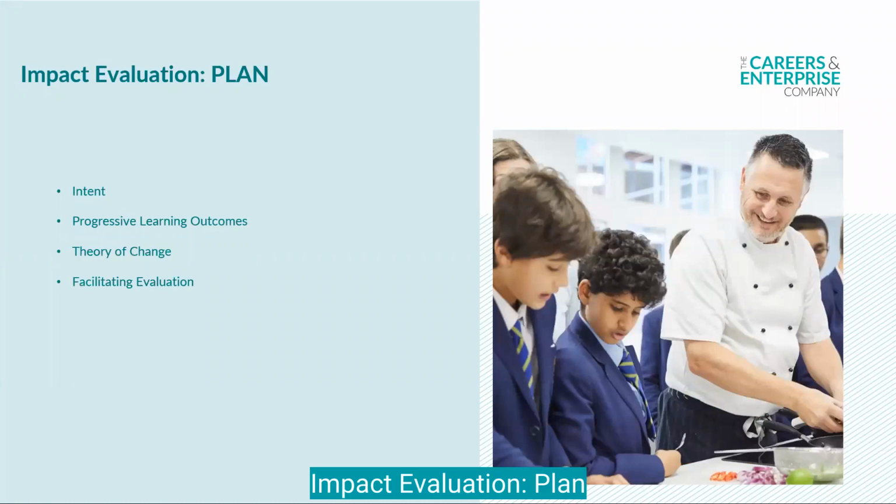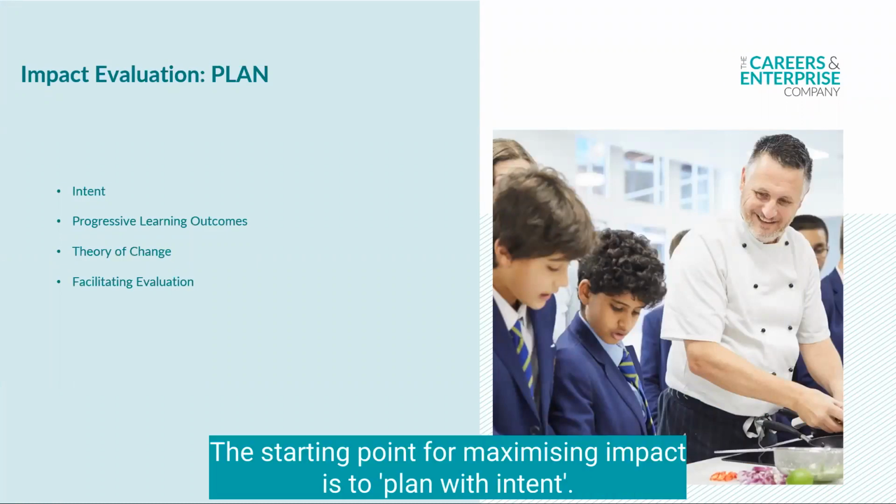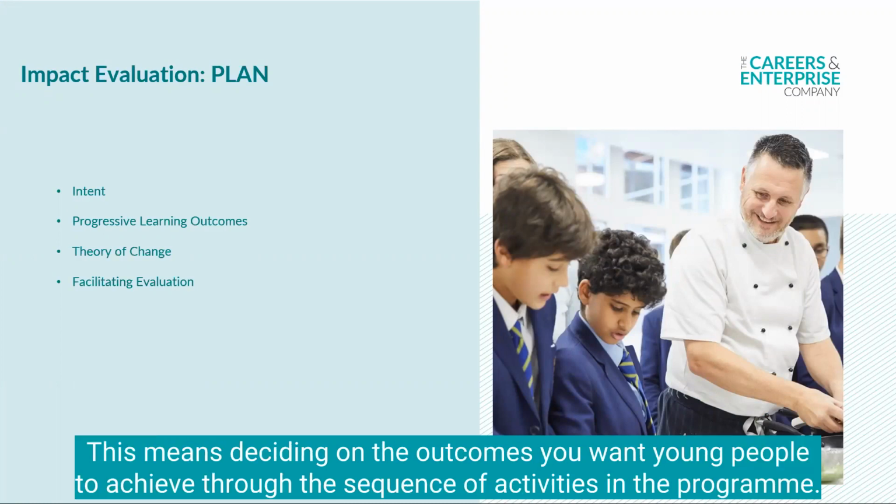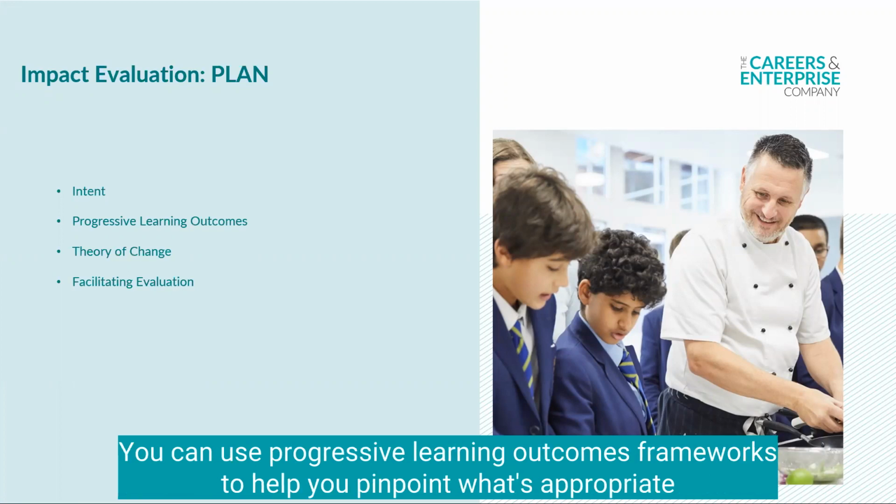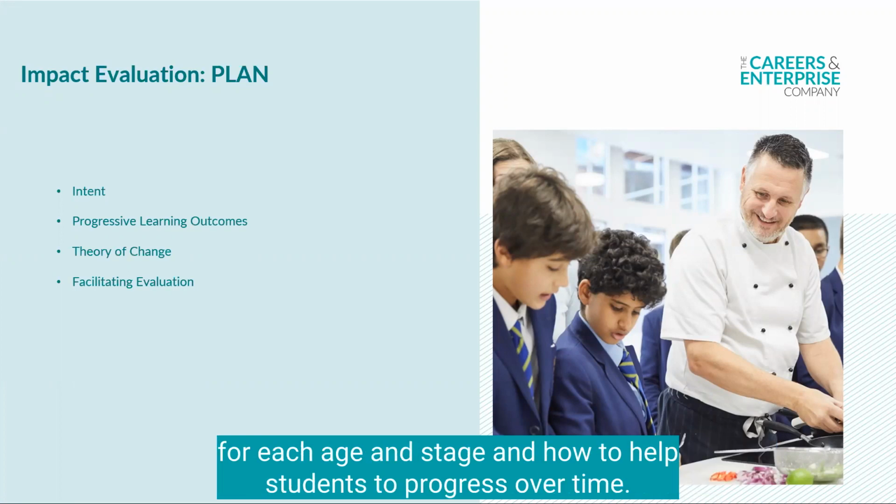So impact evaluation plan. The starting point for maximising impact is to plan with intent. This means deciding on the outcomes you want young people to achieve through the sequence of activities in the programme. You can use progressive learning outcomes frameworks to help you pinpoint what's appropriate for each age and stage and how to help students to progress over time.